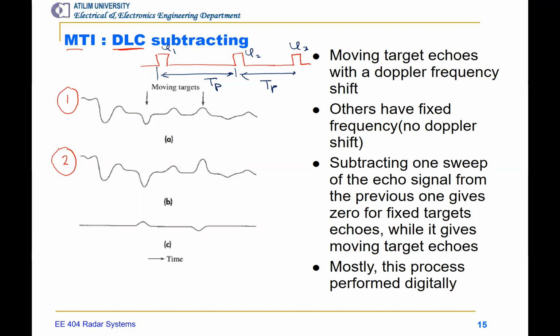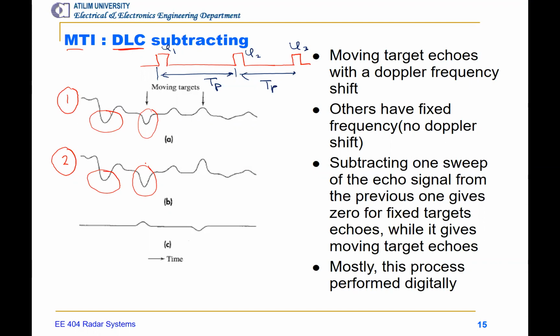So if there is an object, as you can see here, for example, we got a variation here, but that's constant. It does not vary within the successive pulses. So this means that there is no motion here. There may be some clutter in here, but there is no motion. Here, for example, when we compare the signal in the second pulse, second TP, we see that the signal varies slowly.